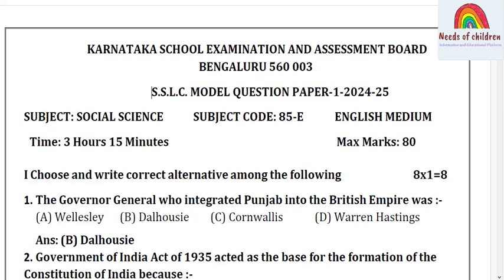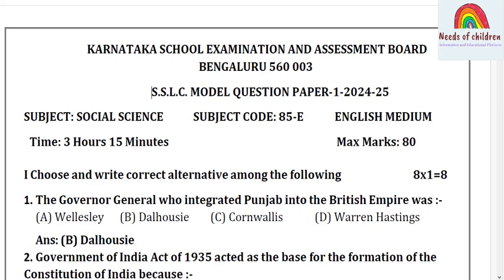But this time, the SSLC board has made a change. The board only provides the map, and 7 places are given. Out of the 7 places, you have to mark 5 places. So this is the one modification made by the board.